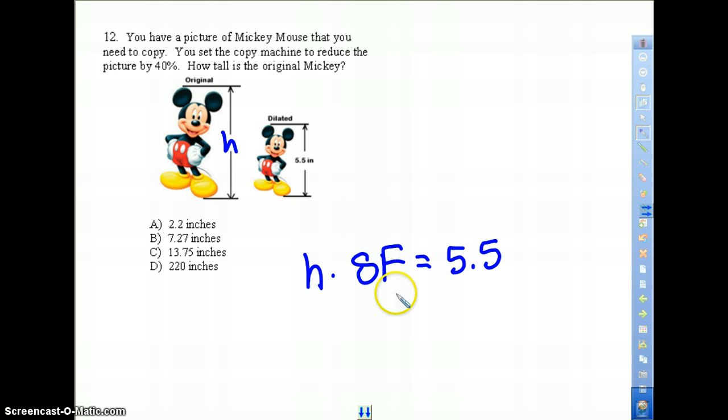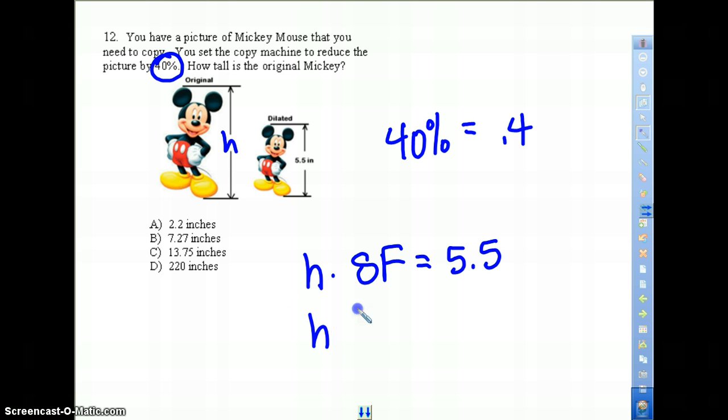Okay? Now scale factor, if we're going to set the machine to make it 40% of the original height, we're going to reduce it down is what we're going to do. My scale factor is not 40%. I've got to change 40% to decimal form. And 40% in decimal form is 0.4. So that's what my scale factor is.